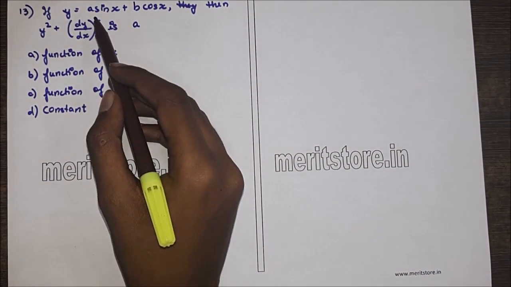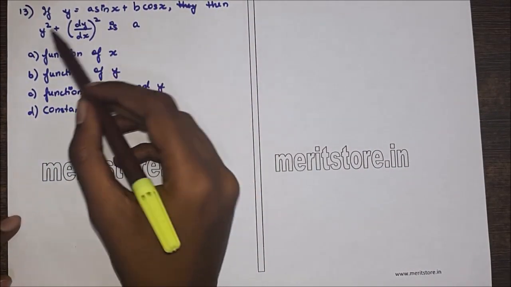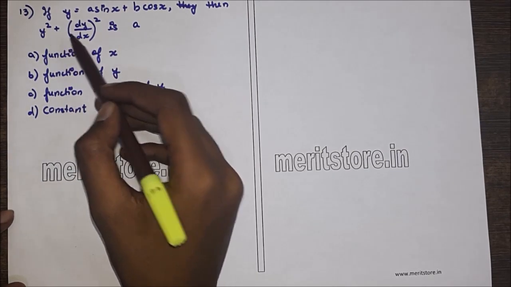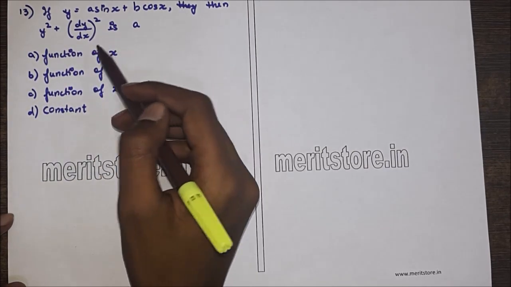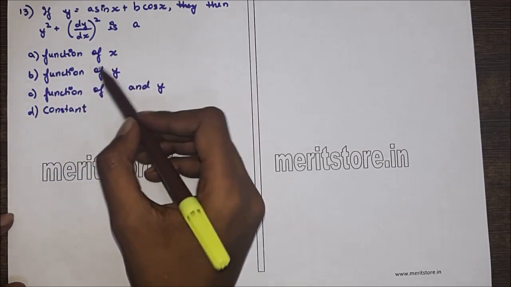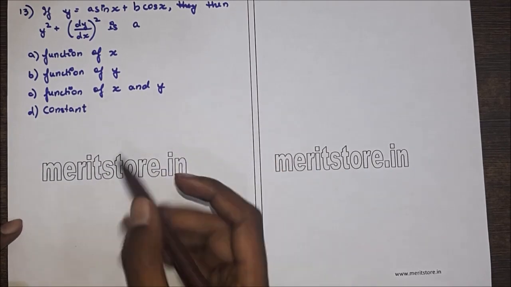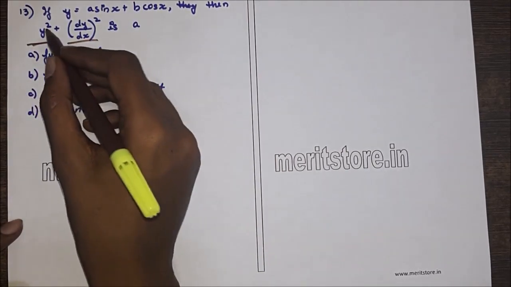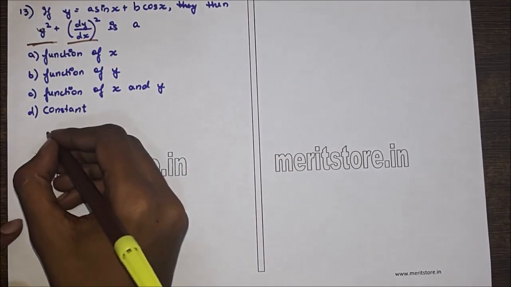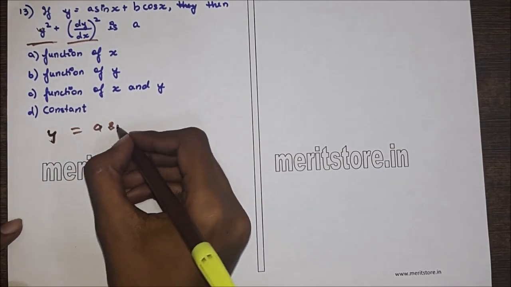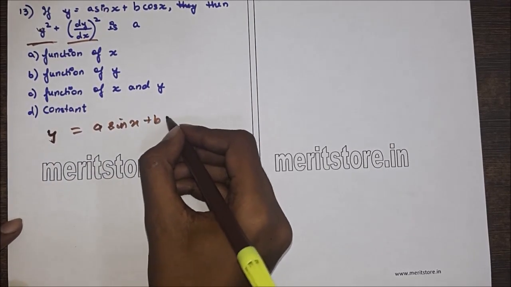If y is a sin x plus b cos x, then the value of y square plus dy by dx the whole square is, options are function of x, function of y, function of x and y, a constant. So first we evaluate each term. So we have y is equal to a sin x plus b cos x.